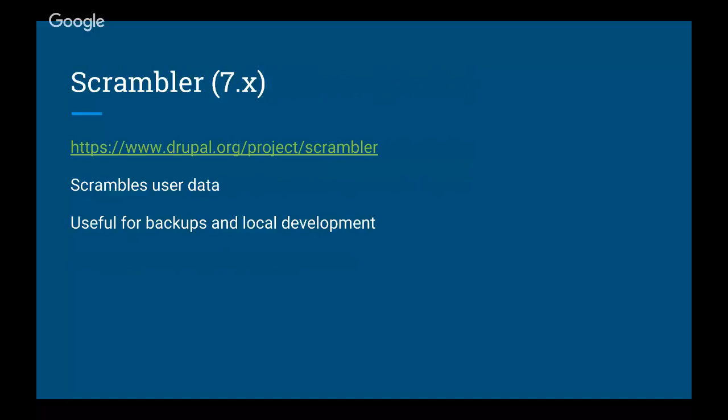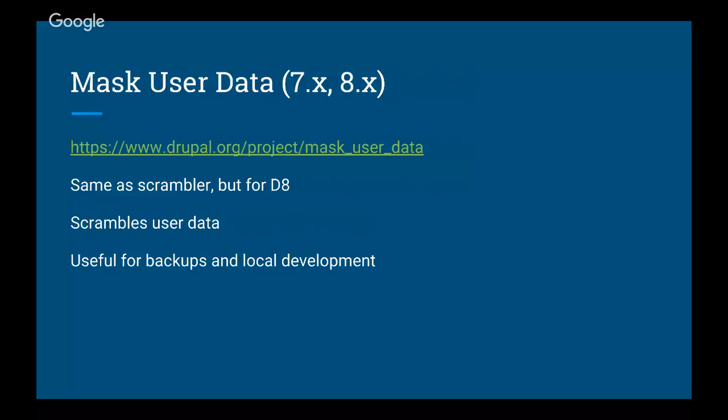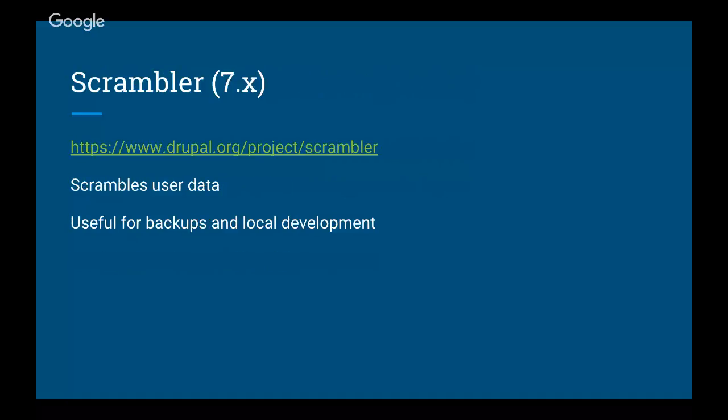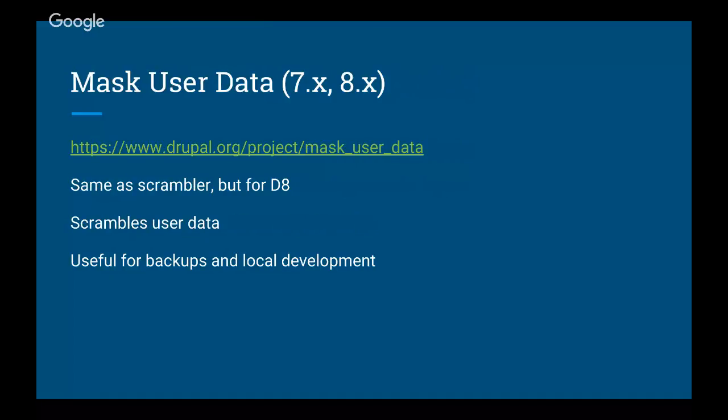But then if you are on Drupal 8, there's the mask user data module, which basically does the same thing. It scrambles the user data, and it's available, I think, both for Drupal 7 and 8. So if you're on Drupal 7, you can evaluate both Scrambler and mask user data and see which ones are most useful for your usage.